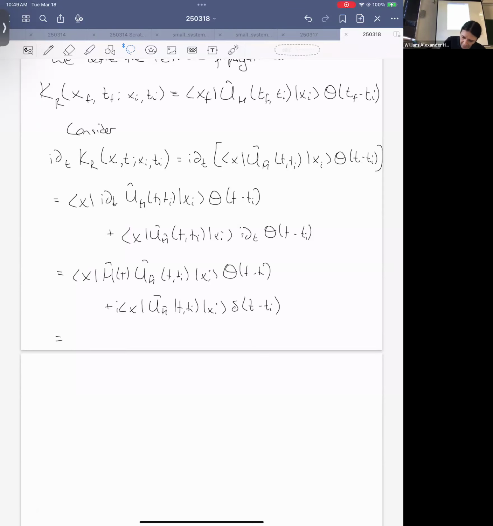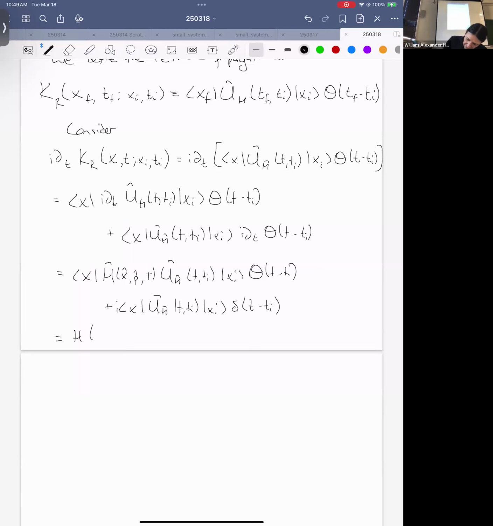In the first line, my Hamiltonian is in principle a function of the x operator, the p operator, and t. I can pull this Hamiltonian operator through by, for example, inserting a complete set of states.